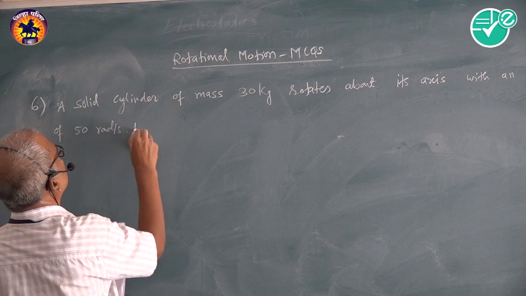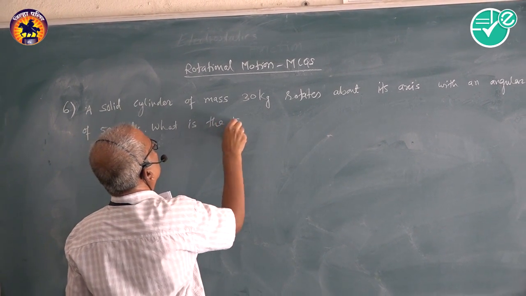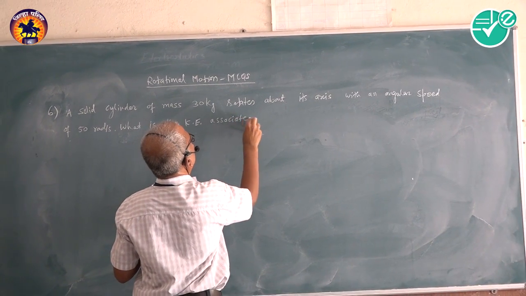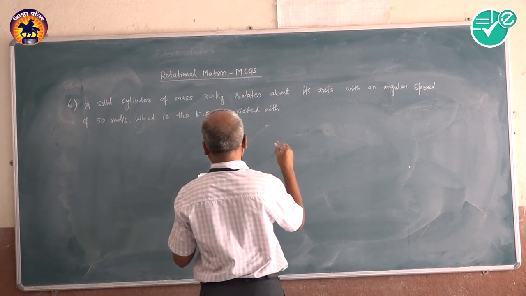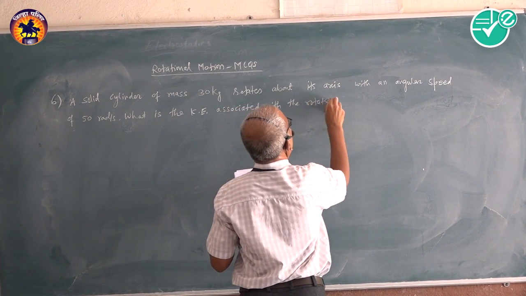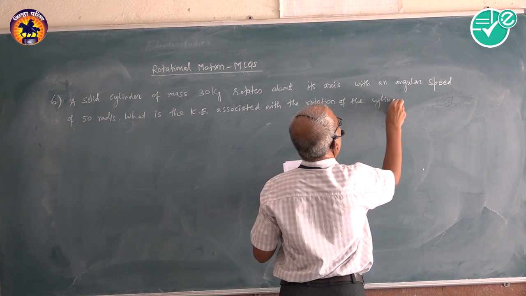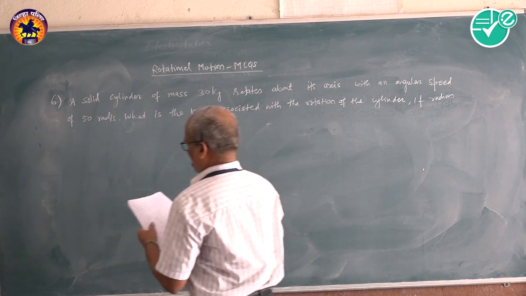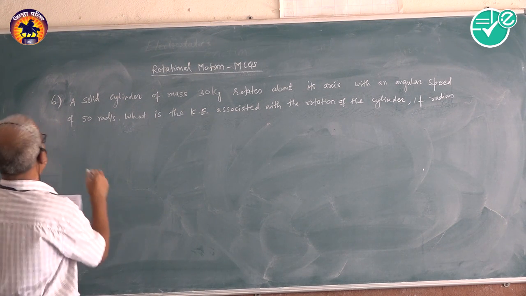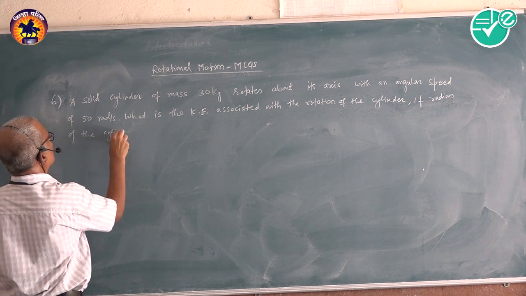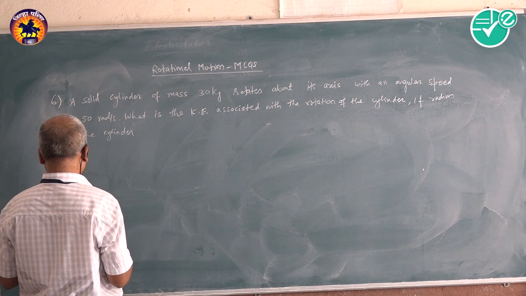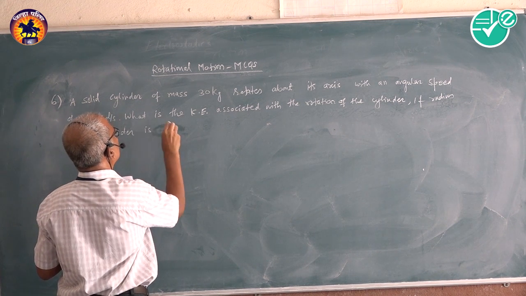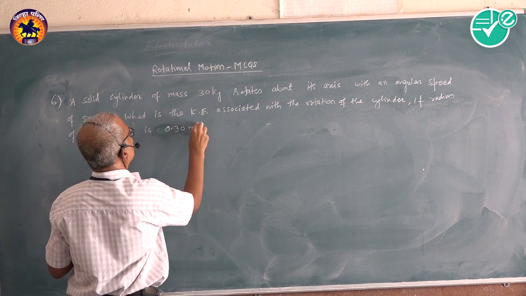What is the kinetic energy associated with the rotation of the cylinder, if the radius of the cylinder is 0.30 meter?